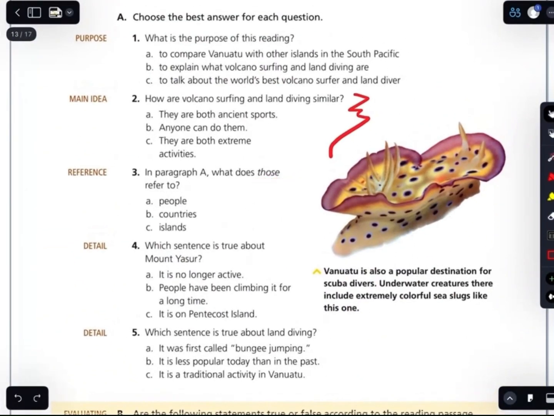Okay. Next, which sentence is true about Mount Yasur? Okay, which sentence is true about land diving? Okay, so hopefully you can get all your answers. If you need to pause the video and do your answers, you can.